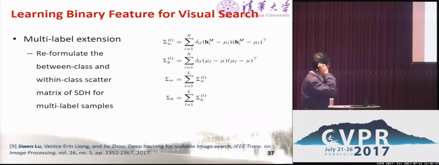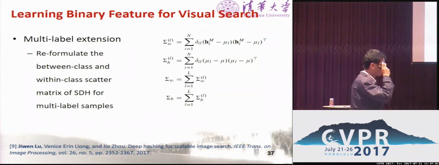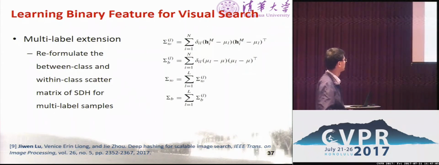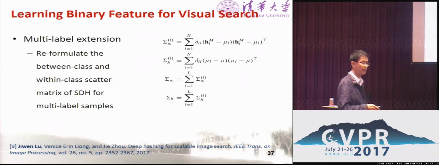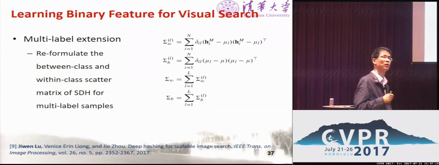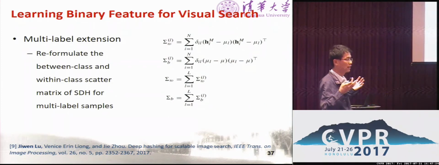After this conference version, we also extended our conference paper to a journal paper this year. We published a paper in TIP. We extend this deep hashing for multi-label search. Multi-label search means we want to consider the relationship of samples with different labels. We want to compute the similarity of two images which have different numbers of labels.